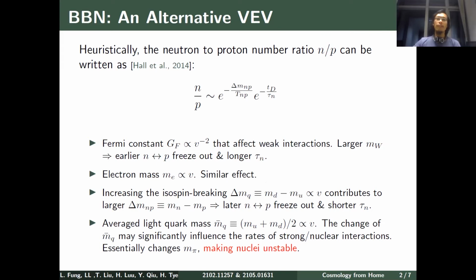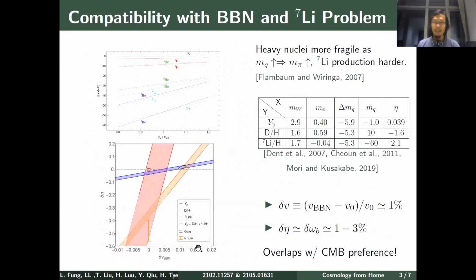So the effect would be moderate, but when the average light quark mass, m_q bar, comes into play, everything becomes different because that's how nuclear physics comes into play. Essentially, an increased VEV increases the light quark mass and increases m_pi, because from chiral perturbation theory, we know that m_pi at leading order is proportional to the square root of the light quark masses.